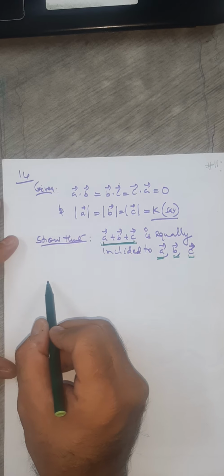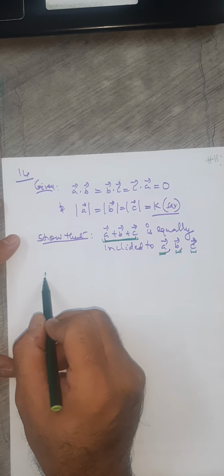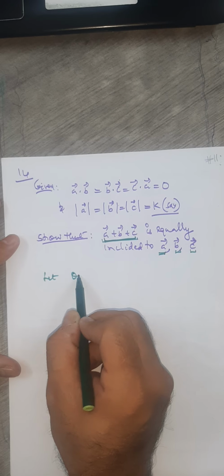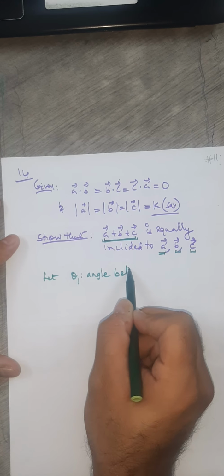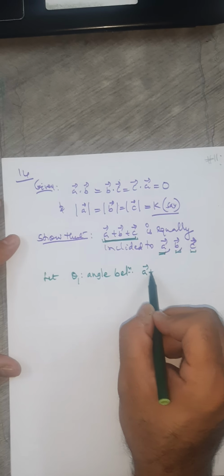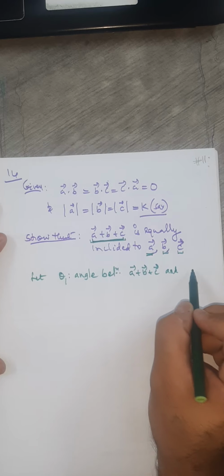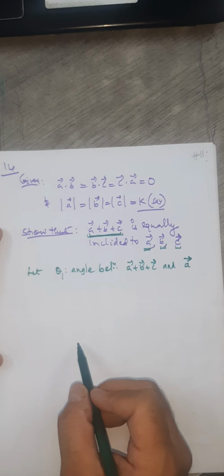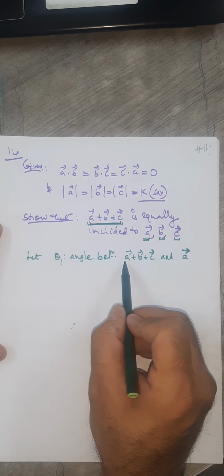Okay, so let's do. You need to use just the formula for angle. Let's take, I'll write theta 1, that's angle between these two, vector A + B + C and vector A here. Fine.